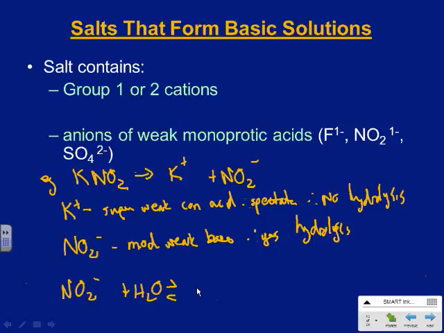What did you do there? You did something goofy. HNO2, that's a Monday morning gap right there. That's okay. HNO2 plus OH minus, and therefore, this is going to be what? Basic. Oops, that's arrows in a terrible spot. Basic. All right? Because we end up with that.